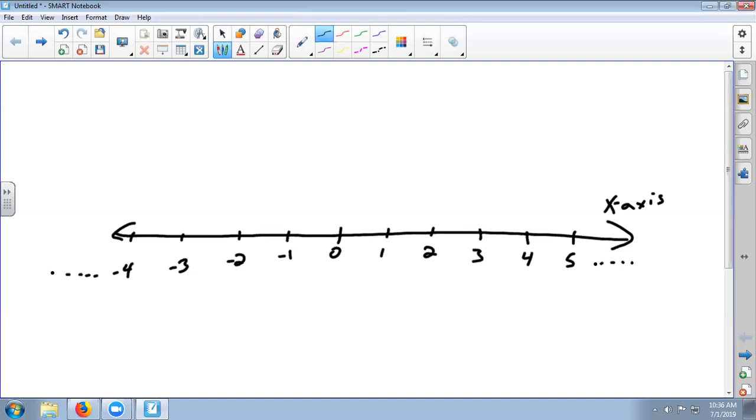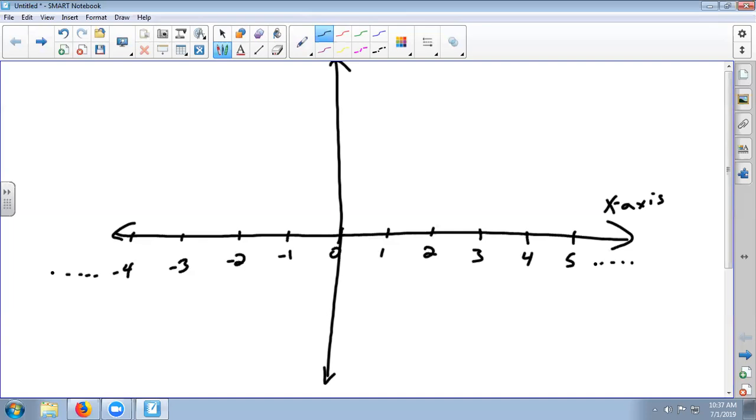I need another number line for y values. So we're going to draw another number line on top of this one. We're going to put this one vertically. 0 is still our starting point. 0 is where we cross the x-axis. Right here, it's 0, 0, same point here.